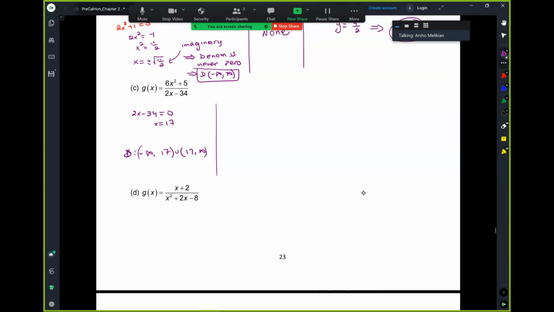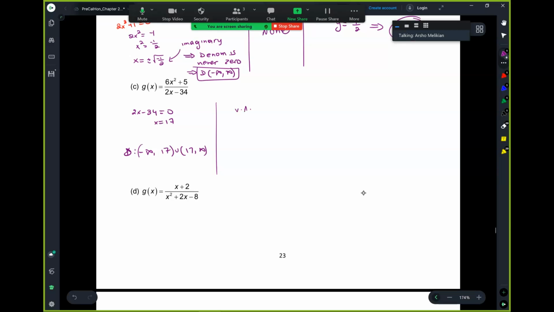Okay. What about the vertical asymptote then? x is 17. Good. Horizontal asymptote. 6x squared over 2x. There isn't one. None. Okay. Let's see why. Why is there no horizontal asymptote?